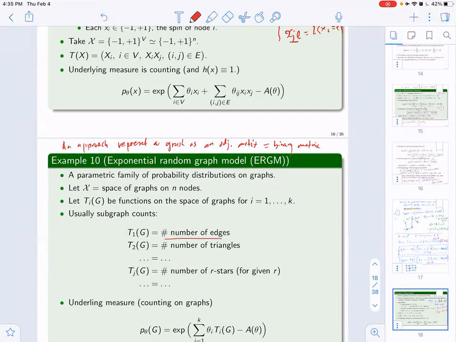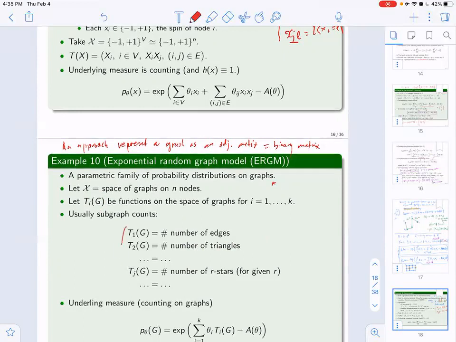So it counts the number of edges, counts the number of triangles, number of stars of certain kinds. So say a star like this. And also, for example, the degrees, how many neighbors a node has. You can look at the average degree, for example, the property of a graph. Then if I collect enough of them, I can put them in a vector, and that would be my mapping from graphs to R^d.